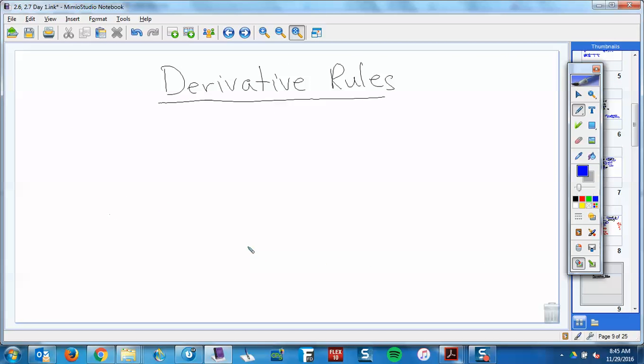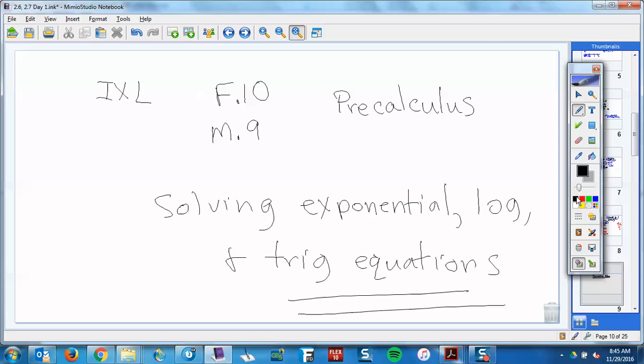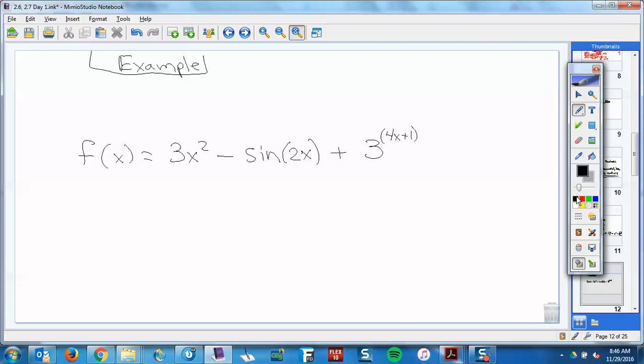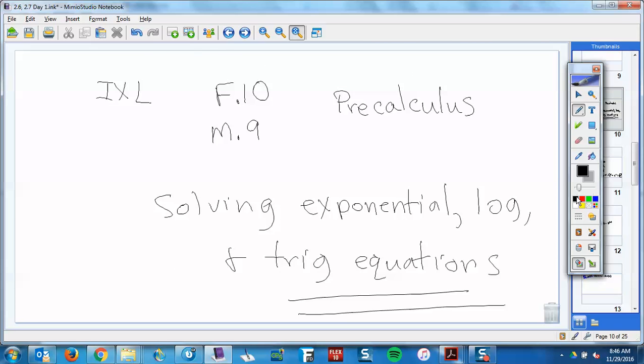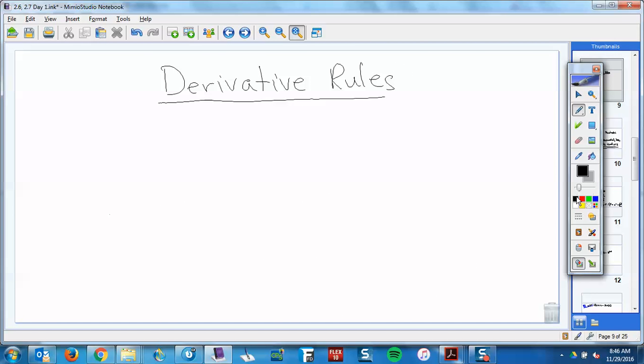All right, here's what we need to do next. Get your notes out. All right, we need to write down here, this would be a good place to start a new page maybe in your notes for these derivative rules.